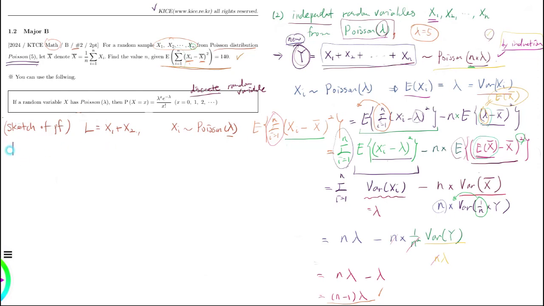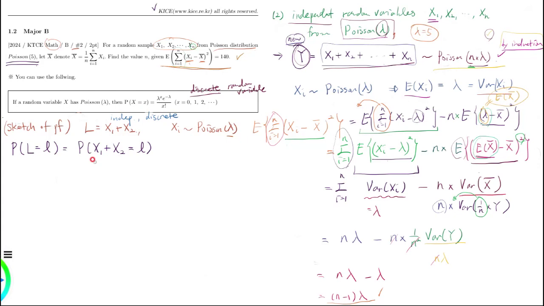I want to find the probability density function for the new random variable capital L, which is the same as the sum of x1 and x2 equals small l here. And since they are independent, so the case is independent and discrete random variable.